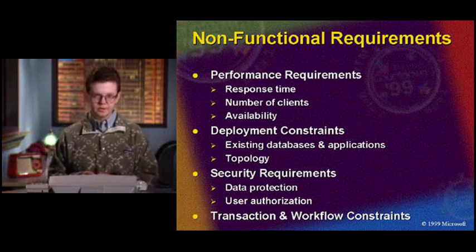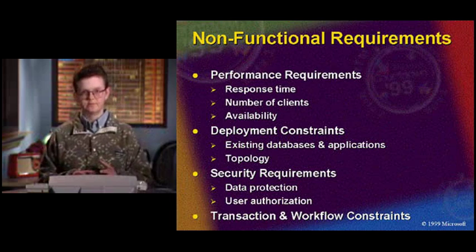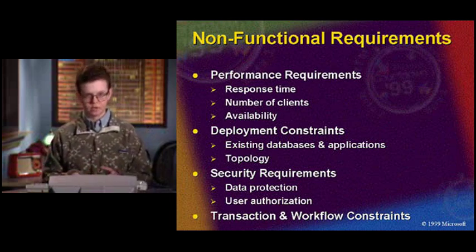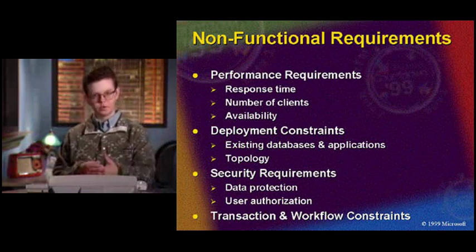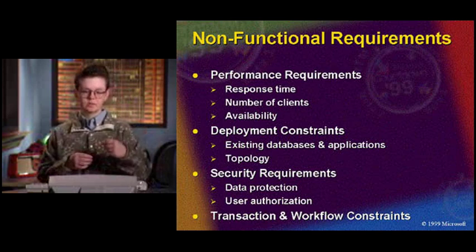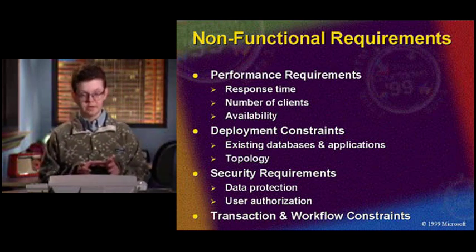You should also think about how the work of the application is divided up into transactions and workflows. Are there particular sequences of things that need to happen in particular orders? What triggers go from one operation to another? Are there things that need to happen as a unit?